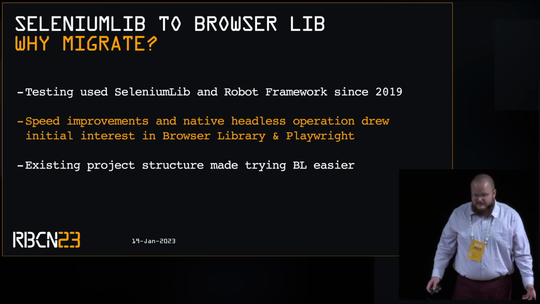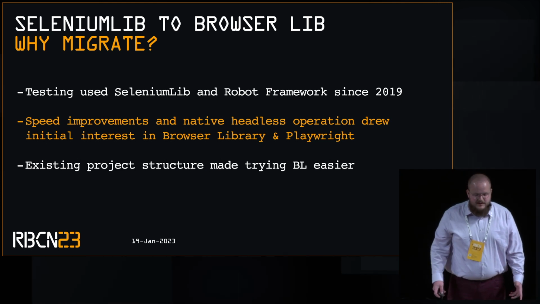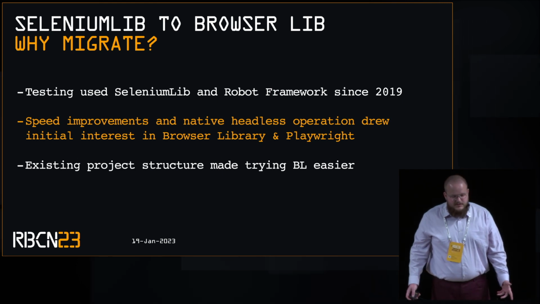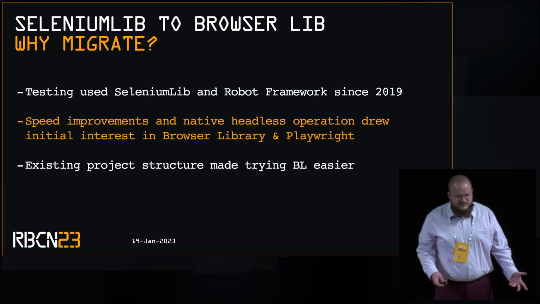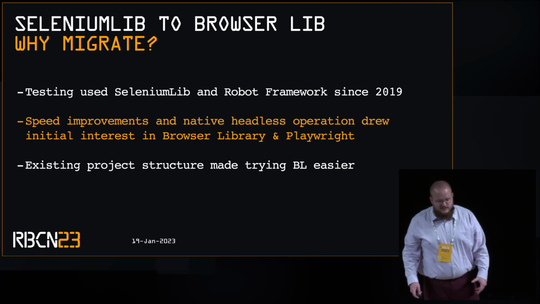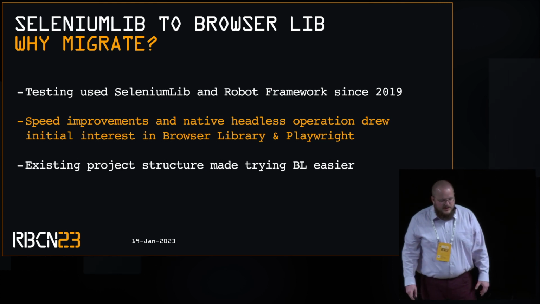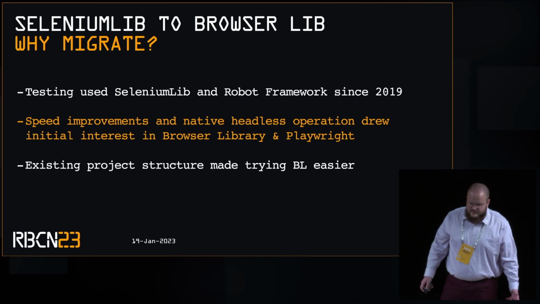We run a lot of our test suites from scheduled jobs that run from headless operation. And when we ran them from Selenium, we'd notice that we'd have some flaky or iffy runs of tests where they'd sometimes fail opening the browser. And our existing project structure made trying Browser Library a little bit easier.